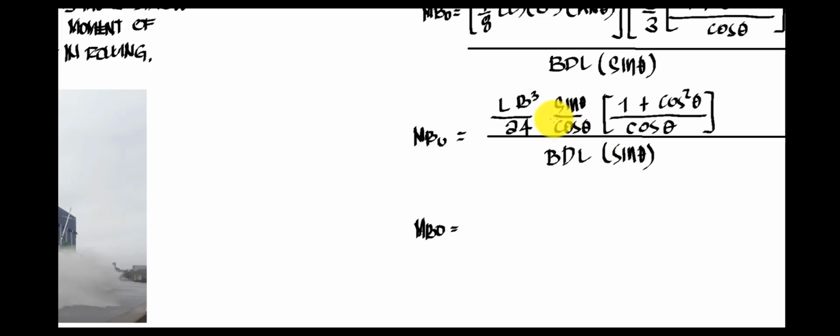Below, we have L b cubed, and we also cancel out b cubed. We also have d, and L will be cancelled out.